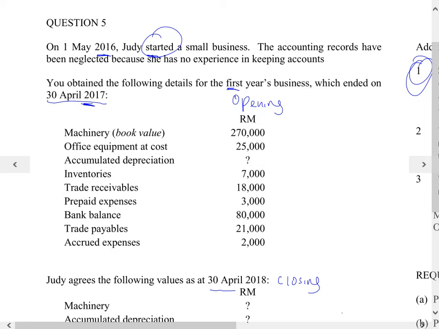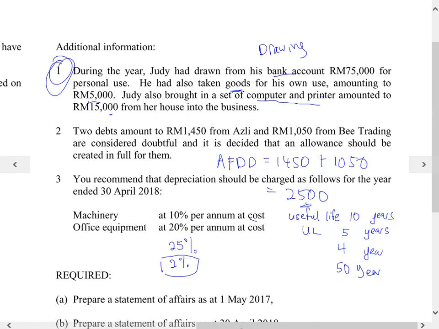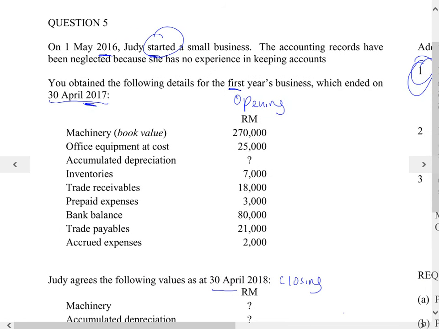Is this my first year operation? Yeah, this one very important because I already operated for 1 year. And my asset is 25,000 here. Can we find depreciation for this 1 year? How much? Office equipment is 20%. So they give us a question mark here.